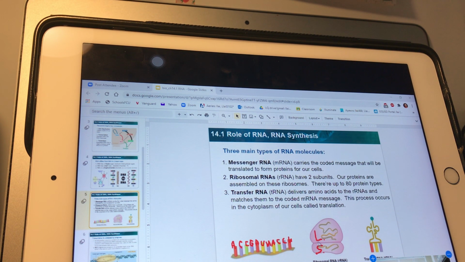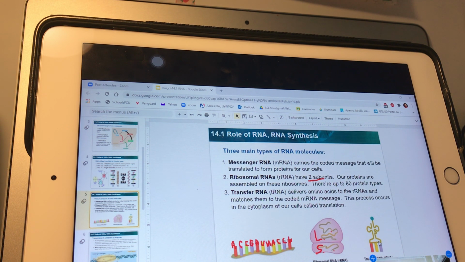It's going to make this protein. This is only the code, the message to make the skin protein. This is the worker, composed of two subunits, the large and the small, and it does the work. It makes the protein.